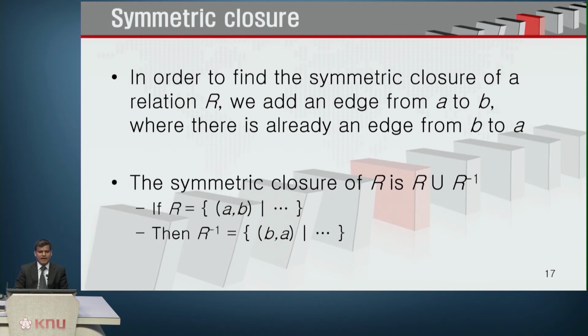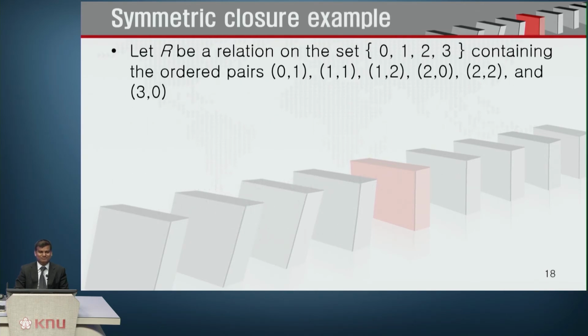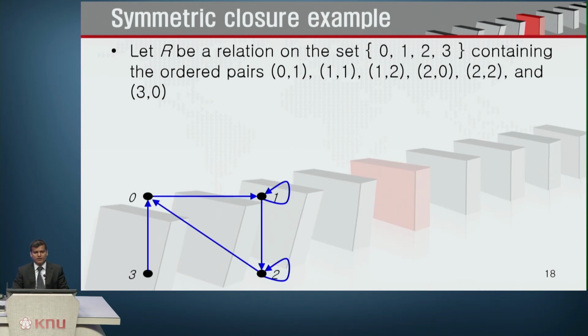If R is the set of (a, b) such that the relation holds, then R inverse is the set of (b, a) such that it holds. So let's say R is a relation on the set {0, 1, 2, 3} containing the ordered pairs (0, 1), (1, 1), (1, 2), (2, 0), (2, 2) and (3, 0). Then you have this given graph.